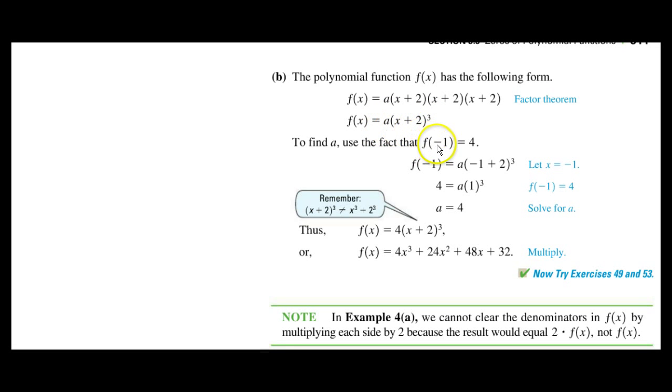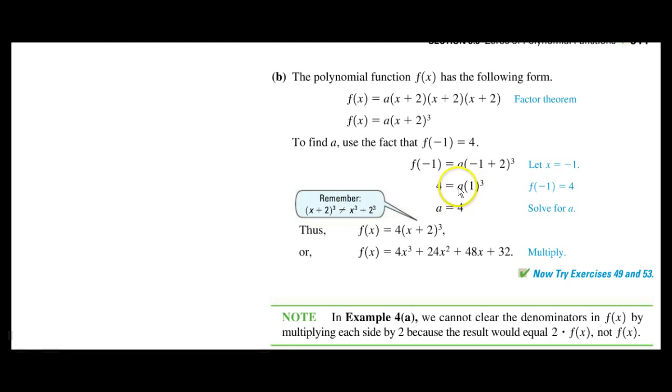Well, we have x as being a -1, and our y as being 4. So we're going to put a -1 there. That's our x value, the -1. And this becomes then a +1. 1 to the 3rd power is 1.